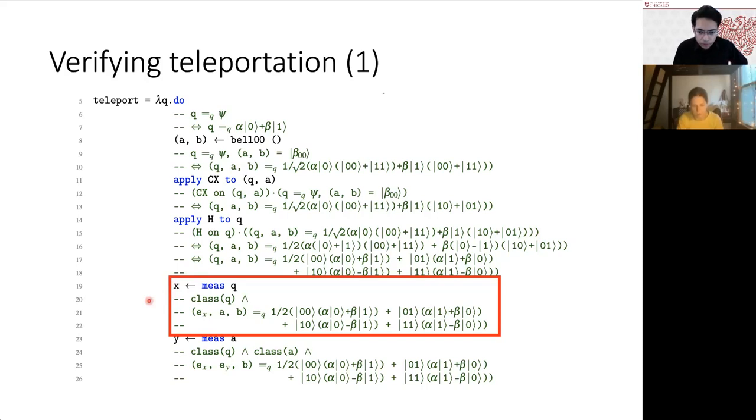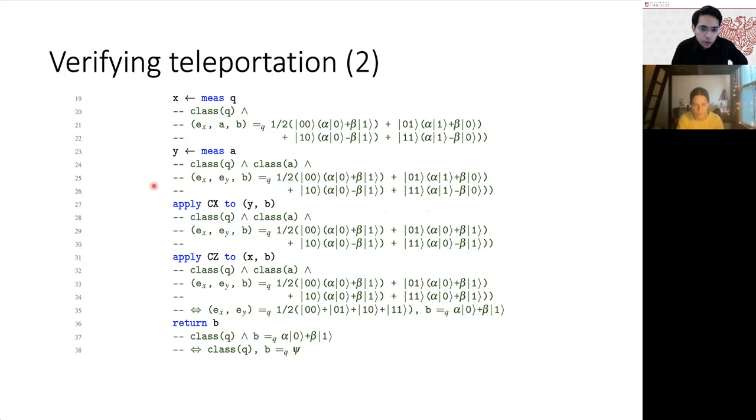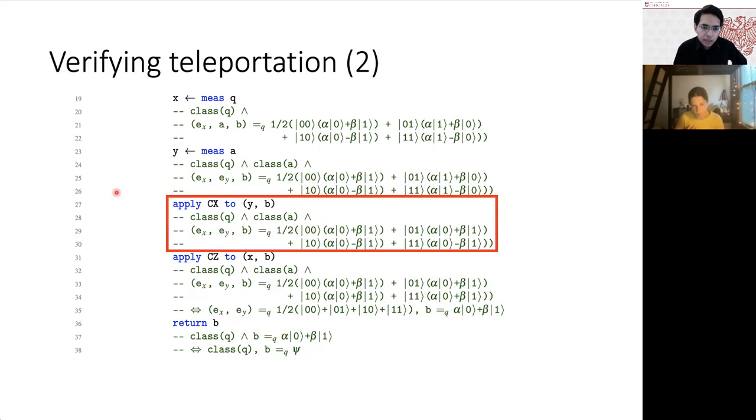So we proceed similarly in the case of Y as well. We get another proposition here, and A gets replaced with EY. Nothing else changes really. Up to this point it is the same as the previous slide.